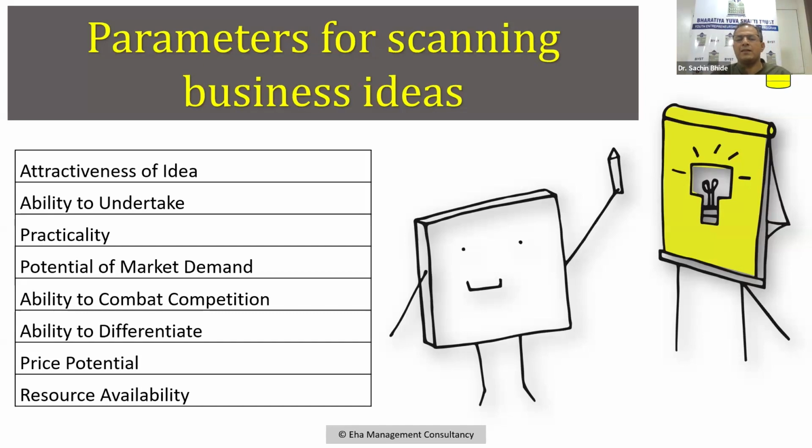And the last parameter is about resource availability. Do you have the right kind of resources available to you? For example, in this smart soap situation that we have been talking about, is there a technology available where you can put a chip inside that soap, and do you also have a mechanical mechanism in place where it can dispense one out of the three varieties available in that particular soap?